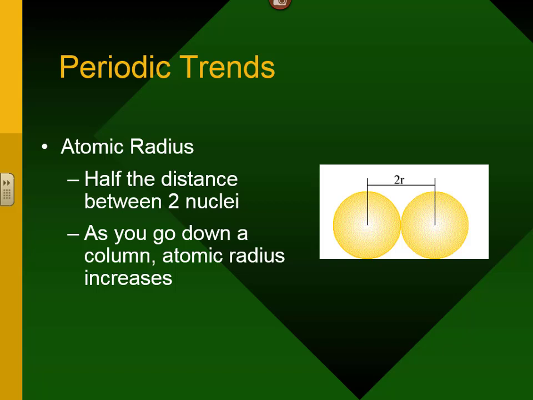Here's how this trend works. As you move down a column from top to bottom, atomic radius increases. The size of the atoms go up as you move down the column.